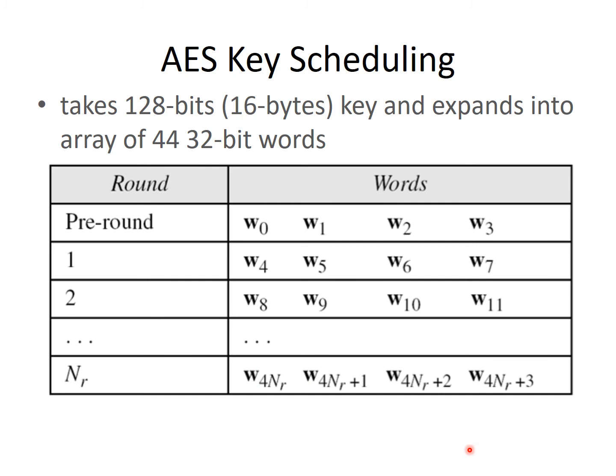So say the 10 rounds of operations are there, that is 10 into 4, 40, plus the pre-round. For that one also we require 4 words. So in total 40 plus 4, 44 words are required for executing the AES encryption part.